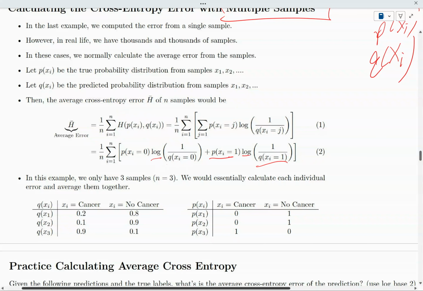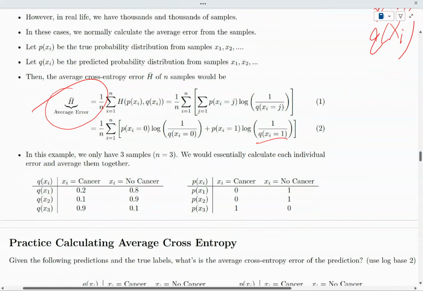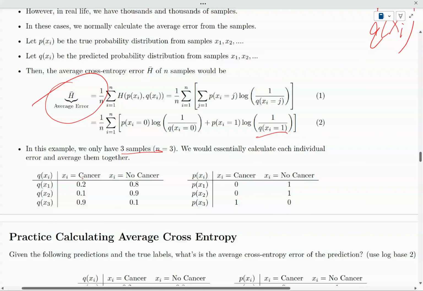So once we calculate this, this is the error for one sample, and then we loop through n samples and divide by n, giving us the average cross entropy error. In this example, we have three samples: sample one, sample two, sample three. Therefore, you need to calculate the cross entropy three times and then divide by three.